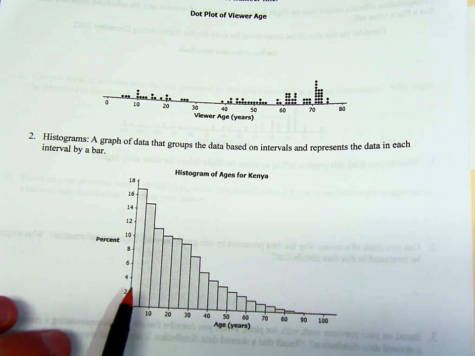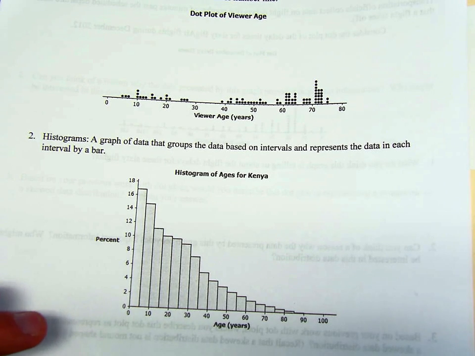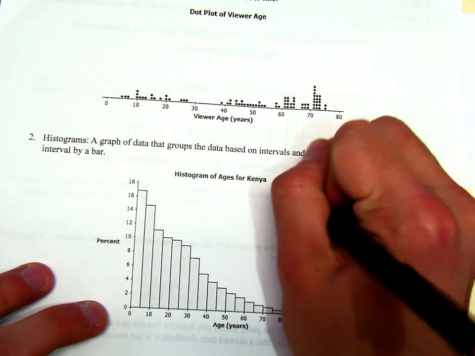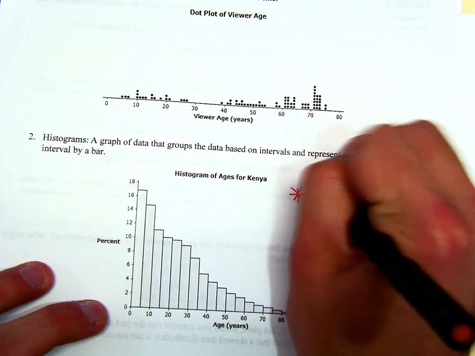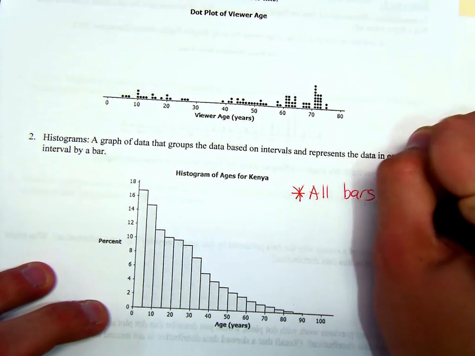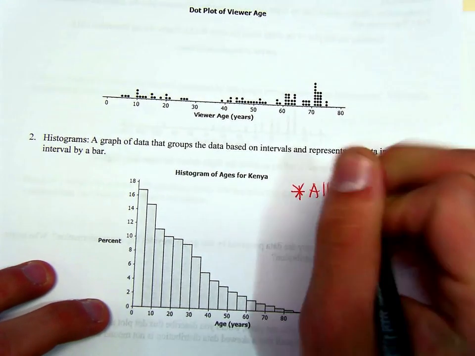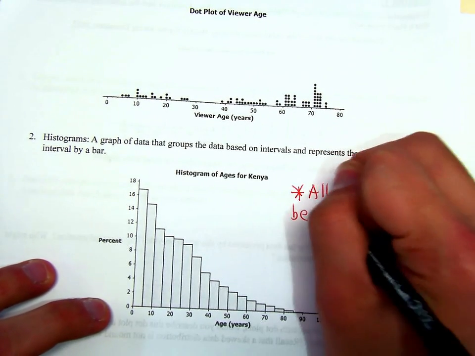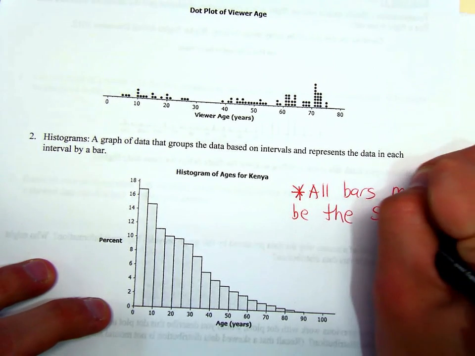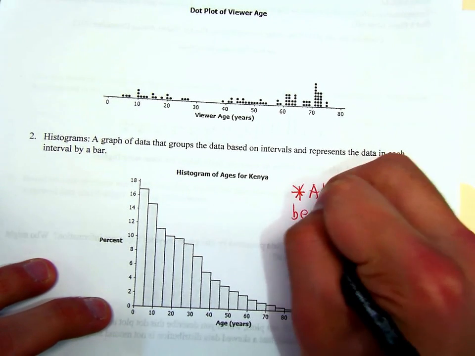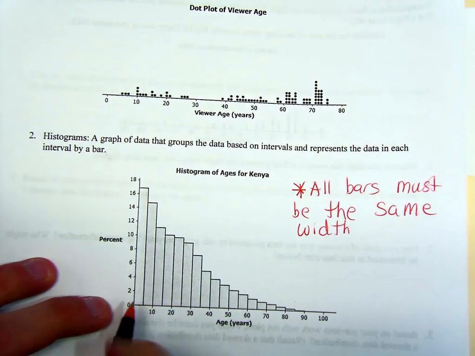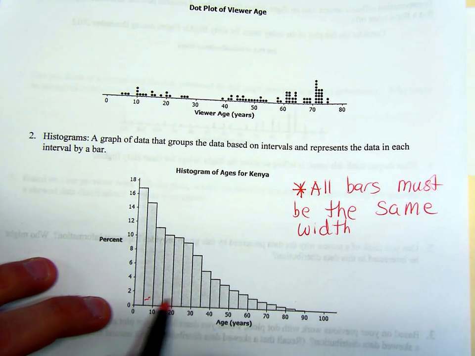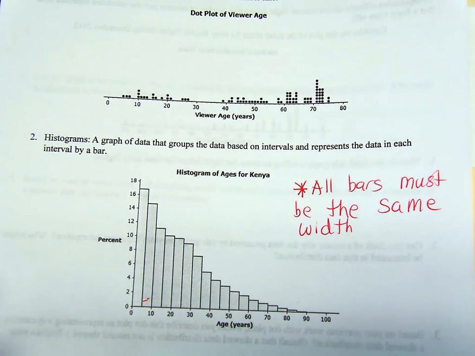Each one of these bars in a histogram has to be the same size. So let's write that down. All bars must be the same width. So each one of these bars has to be the same width. That's the difference between a histogram and a bar graph.